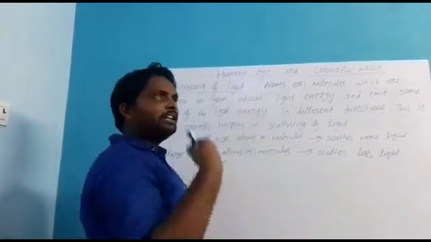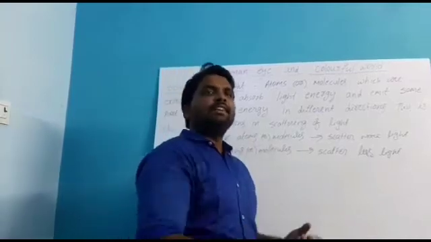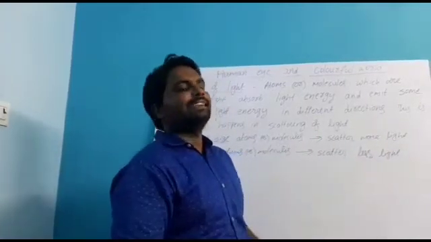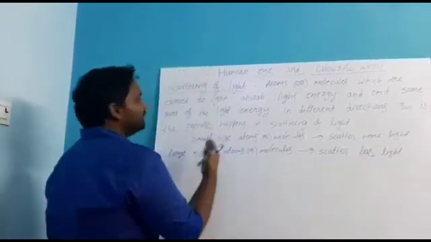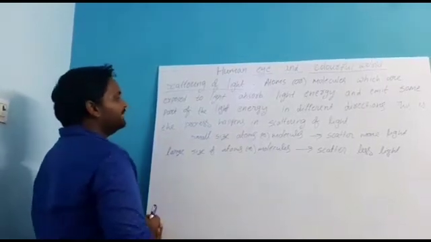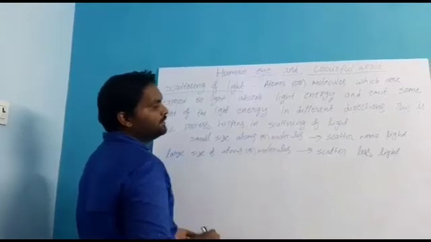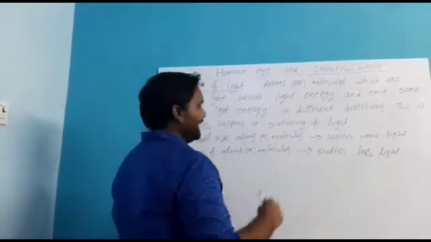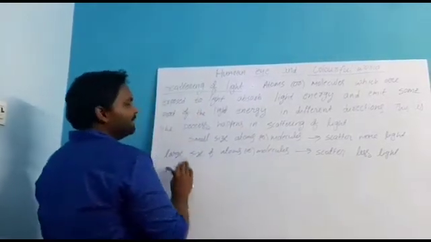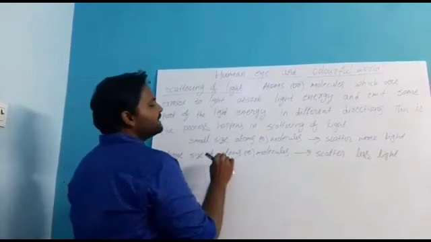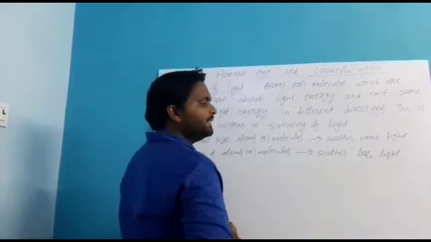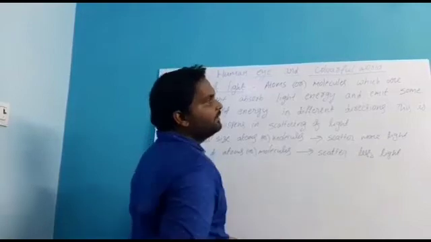So when the atoms absorb the light, they emit it outside again. This process is called scattering of light. If the matter contains very small atoms or molecules, it scatters more light. If the matter contains very large atoms or molecules, then it scatters less light.